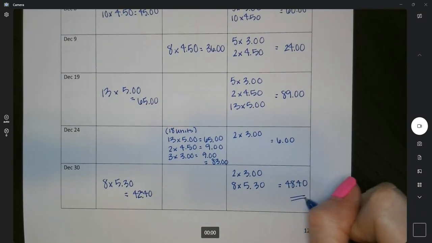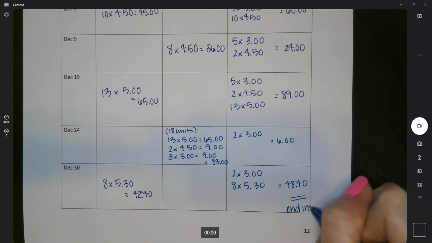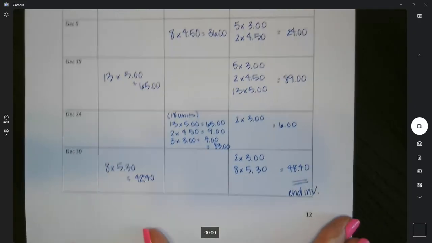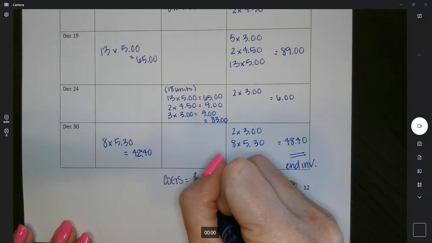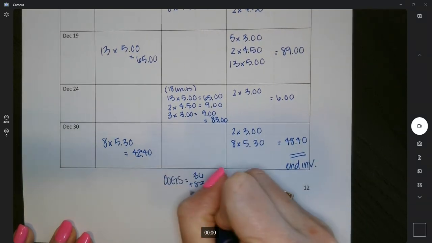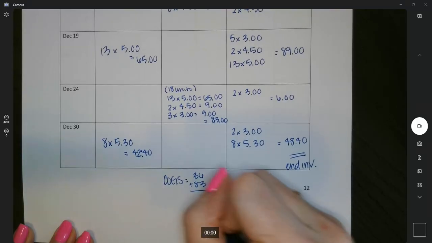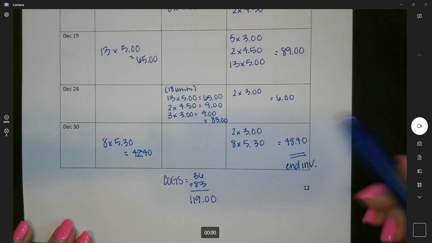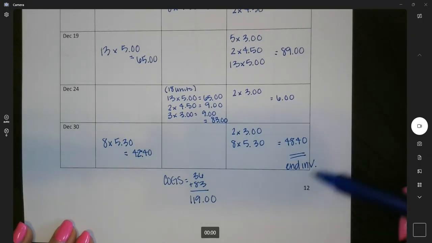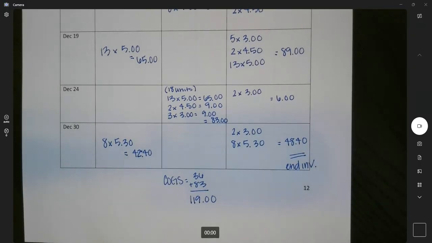This is going to be your ending inventory balance. And I'm going to put down here, cost of goods sold is going to equal 36 plus 83. That's going to come out to 119. But your ending inventory balance is already calculated for you in that ending inventory balance on December 30th. This is LIFO perpetual.